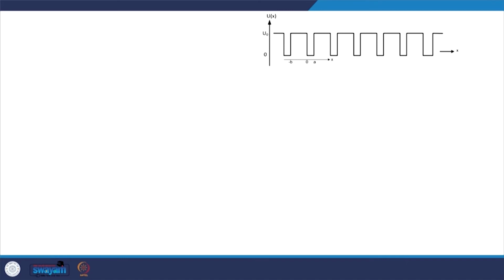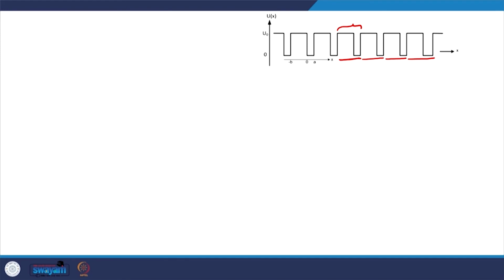So, for all practical purposes, this can be taken to be quasi infinite in length, which means a huge number of atoms are there in the solid, which means there are a huge number of such patterns in the potential profile, as you can see here. If you closely observe this potential profile, this particular pattern, starting from here to here, is repeating itself a large number of times for the entire length of the solid.